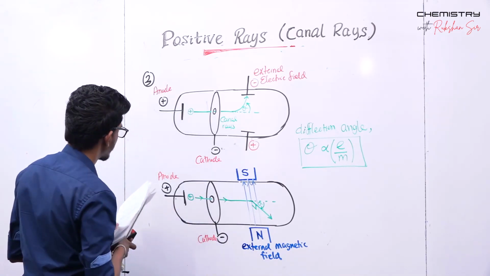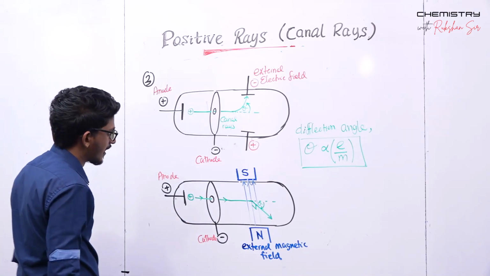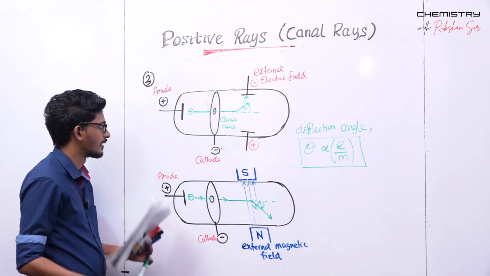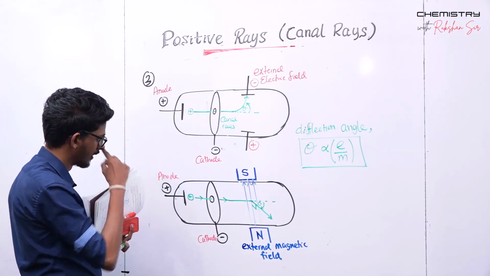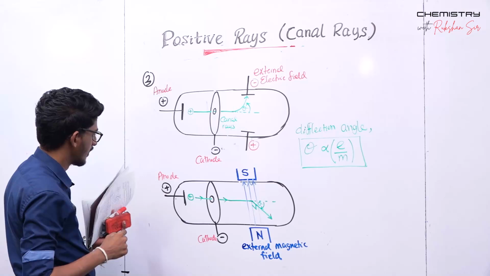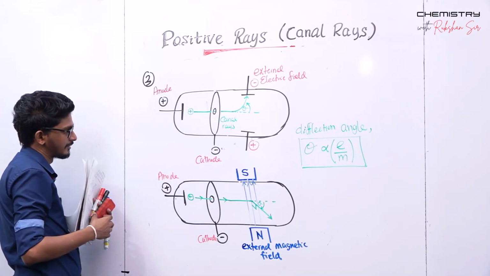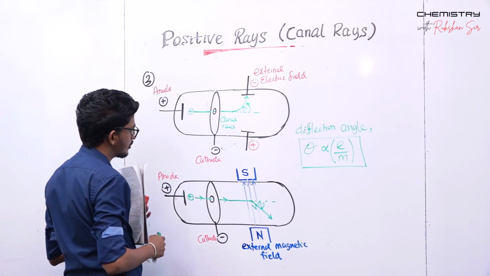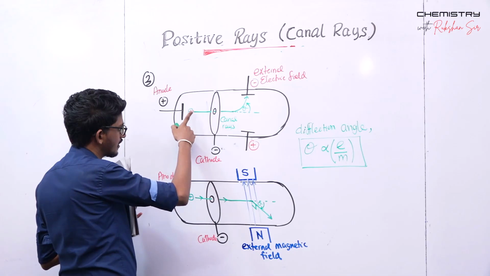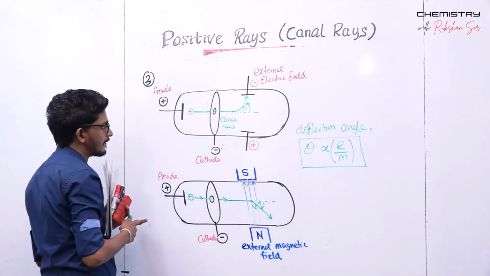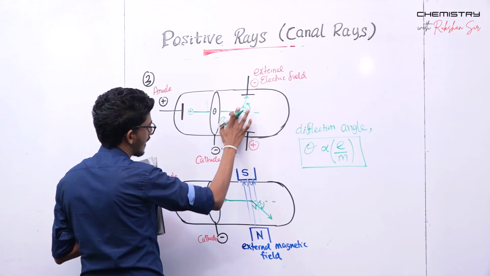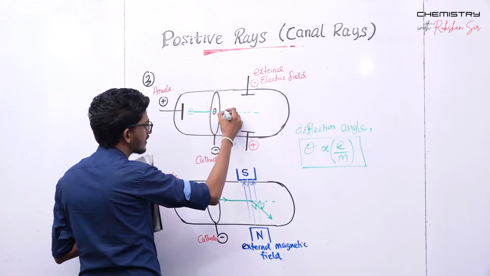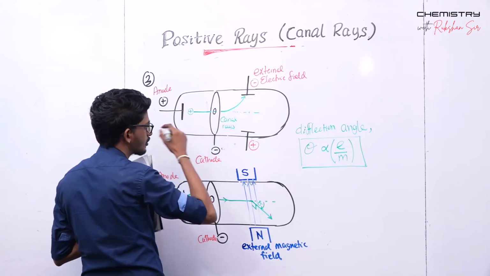When it comes to the deflection angle or the e/m ratio of positive rays, some different things happen. If the gas is H2 here, you would see this kind of deflection angle with the gas H2.